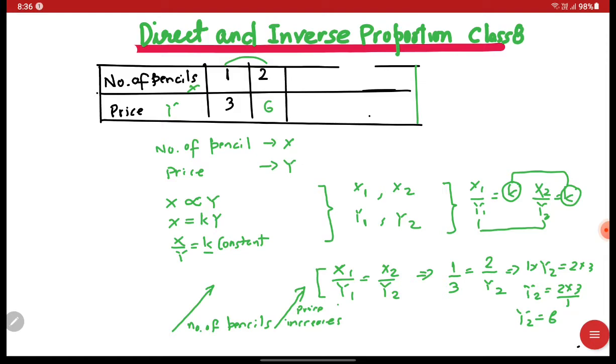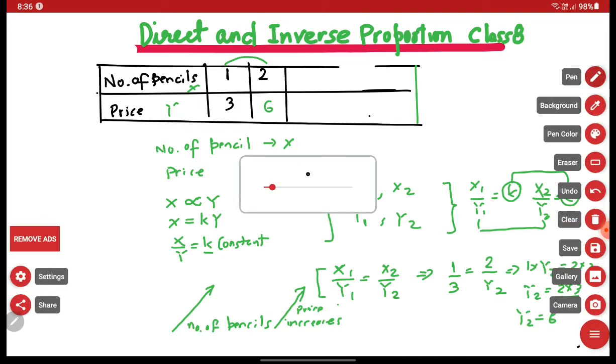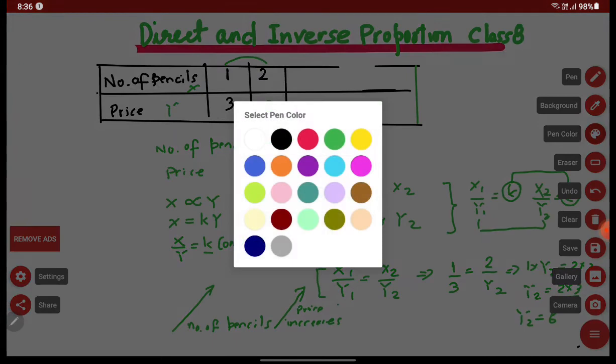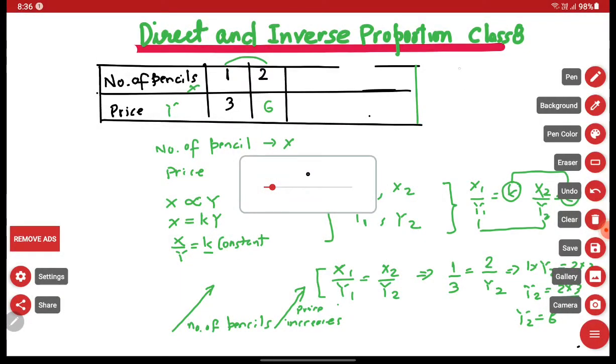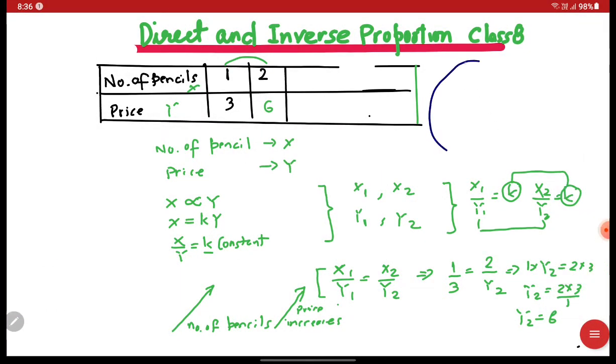If you want to check whether the given table is a direct proportion or not, you have to check it in this manner. Let me change the color of the pen. You just look at this particular circle. I'm going to solve and make you understand whether they are in direct proportion or not.